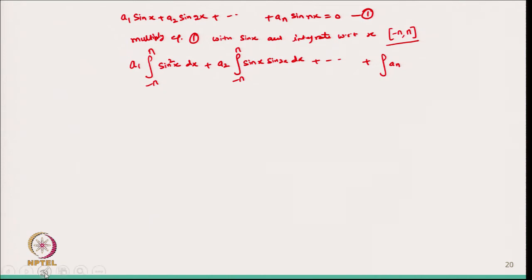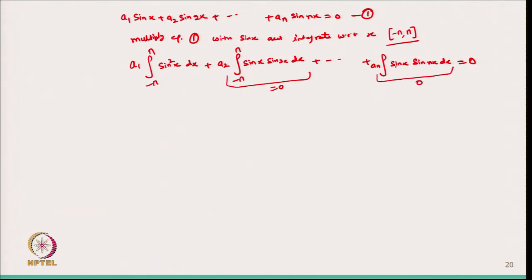So, I can take my an outside, and I can write the integral of sin x sin nx dx is equal to 0. Now, using this property, we know that sin x and sin 2x integral is going to be equal to 0. This is also going to be 0.